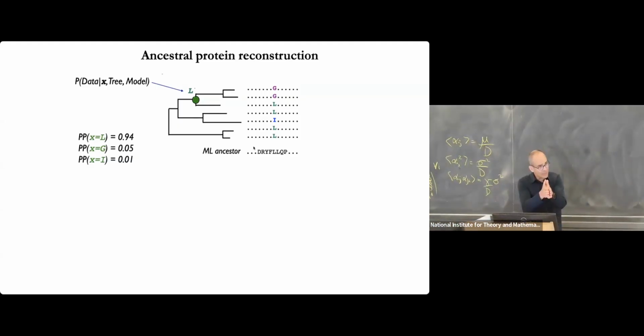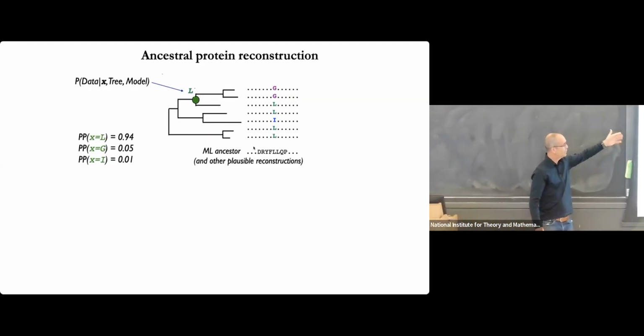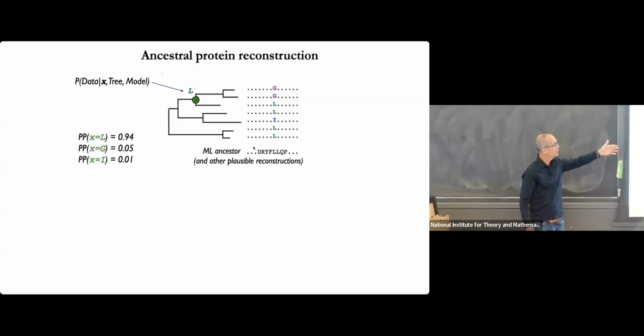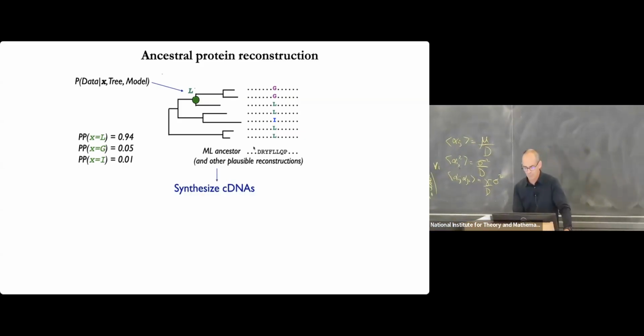And so then the maximum likelihood sequence is the string of maximum likelihood or maximum a posteriori ancestral states. Because this is a posterior probability distribution, there are typically other plausible reconstructions, because not every site is going to be reconstructed with posterior probability of 1.0.